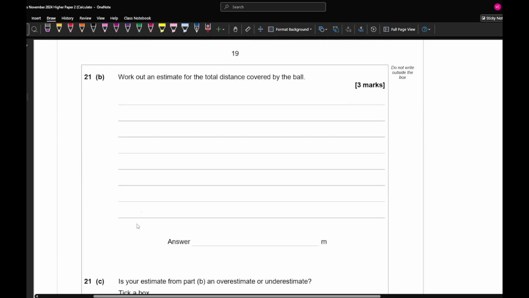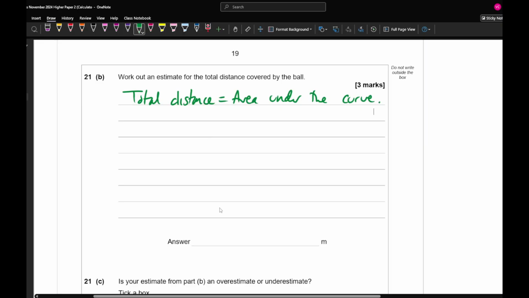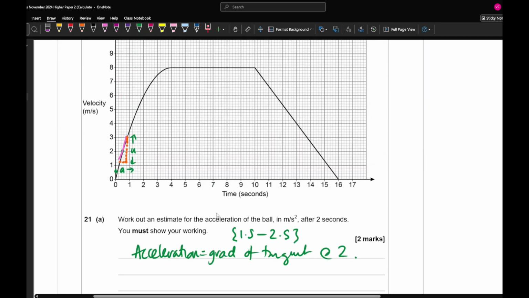Then for question 21b, it says work out the estimate of the total distance covered by the ball. Now the total distance in a velocity time graph is basically the area under the curve. So what I need to do is work out the area of everything under this line here.